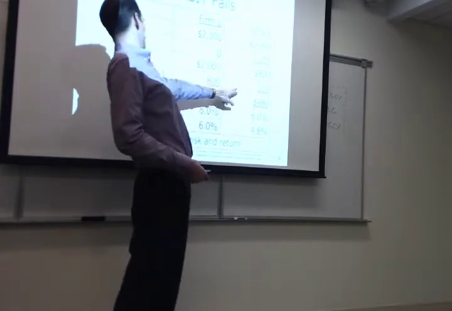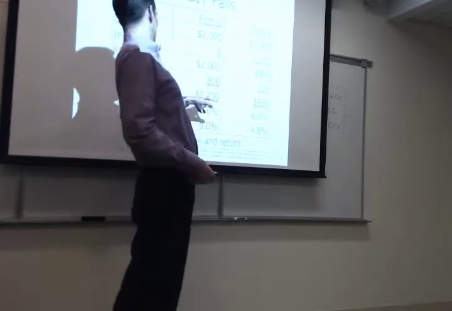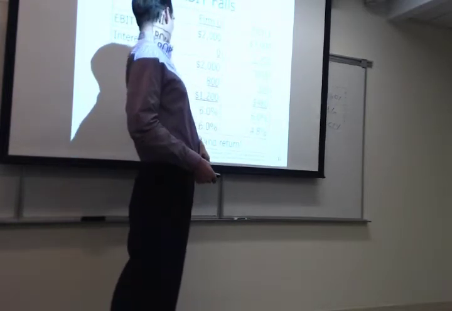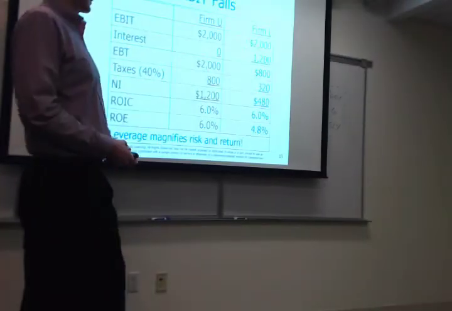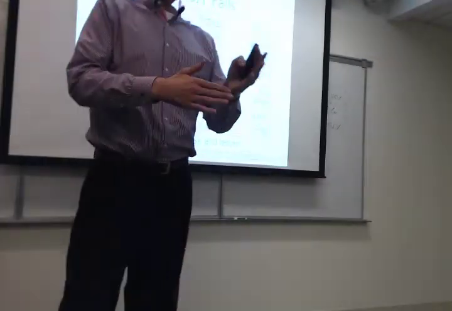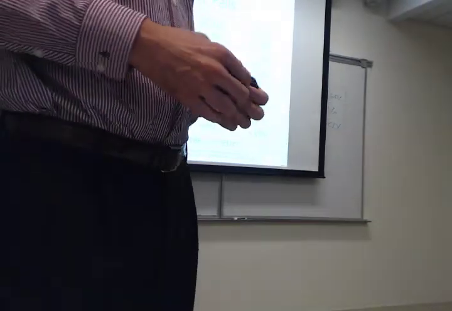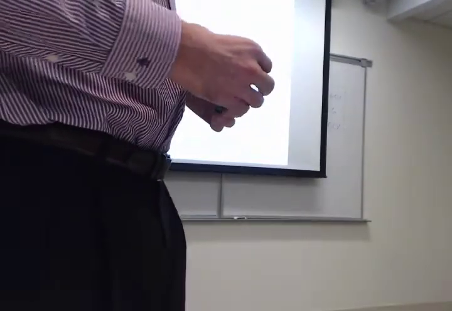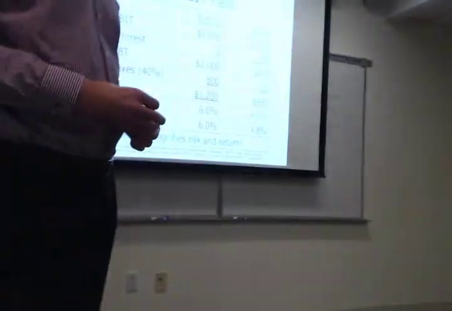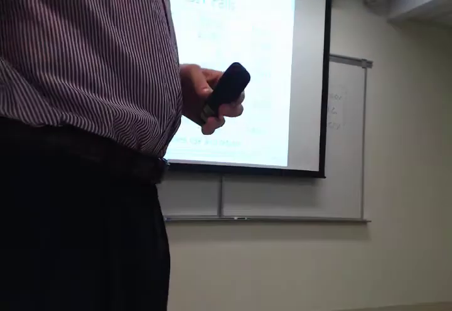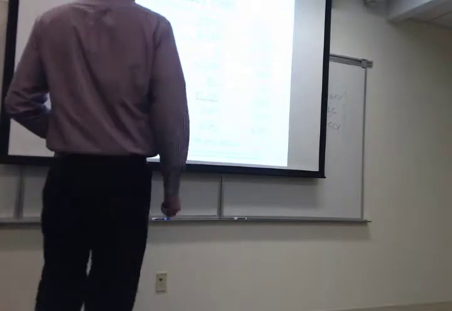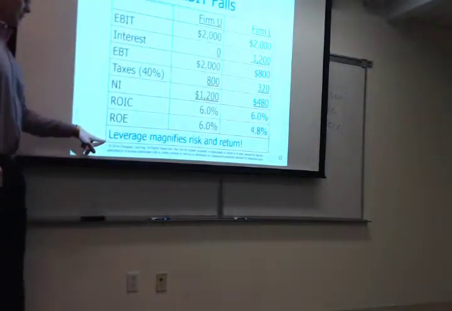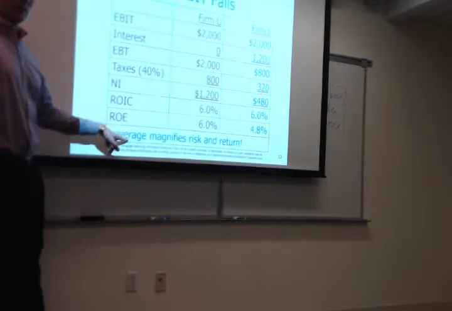EBIT's a little lower, taxes are a little bit lower, net income is of course lower, and our return on equity is going to be magnified in a less glamorous fashion. We dislike it. Increases the risk. So leverage magnifies risk and return.